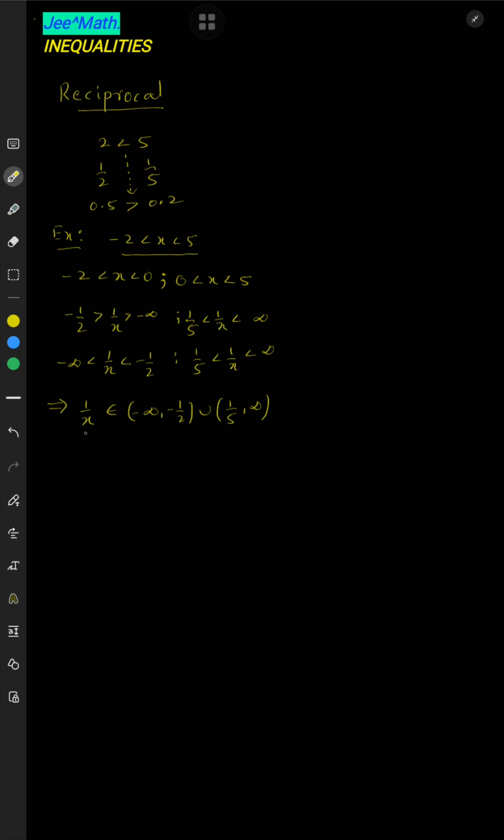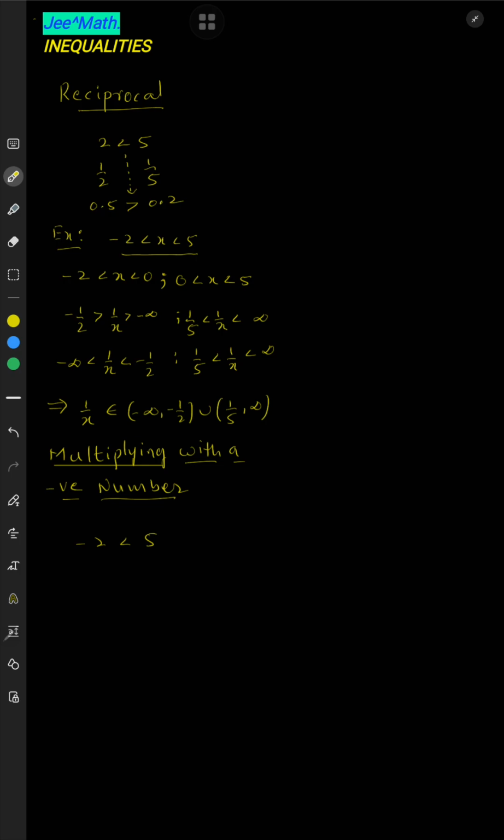Now some more rules are there in inequalities. Multiplying with a negative number on both sides. For example, -2 is less than 5.